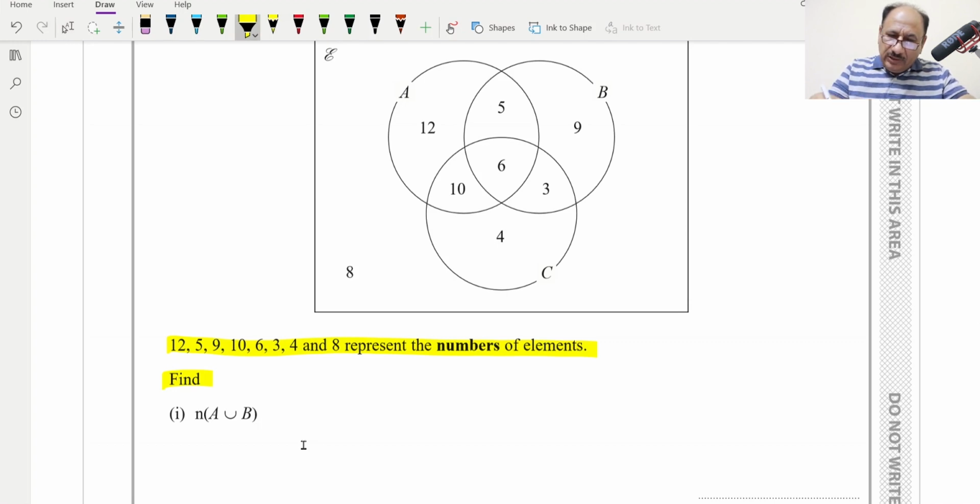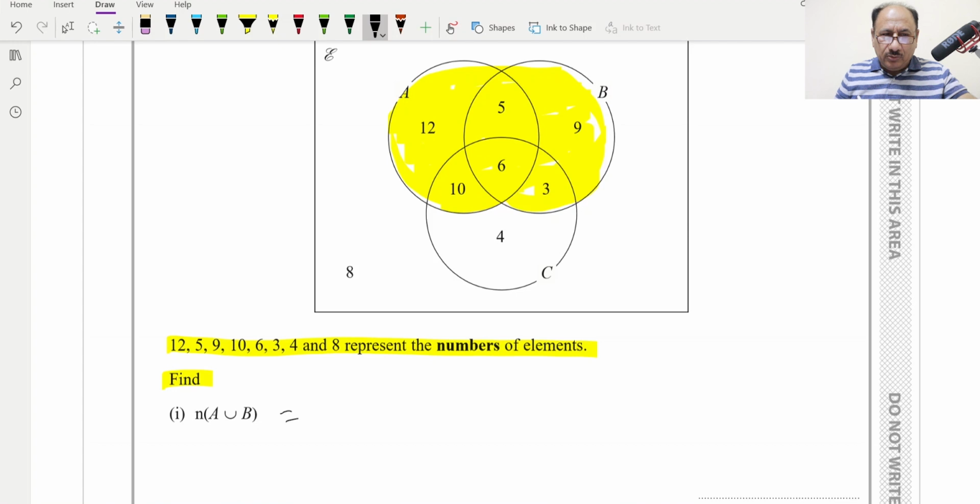All the members of A union B. If we want to show it, this whole region will be A union B. So whatever is in this region we will write in A union B, and that will be equal to what?